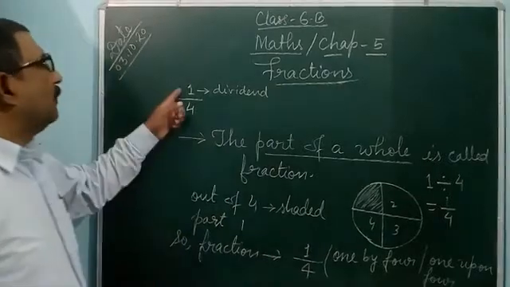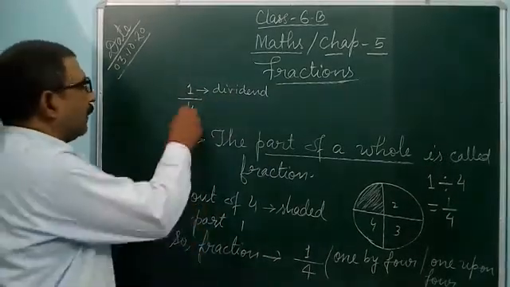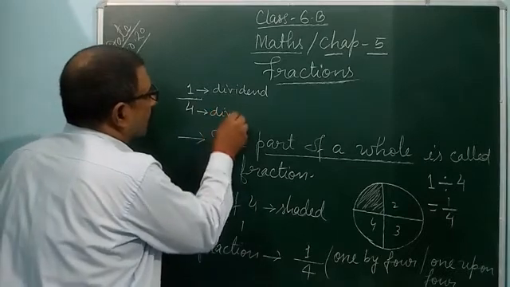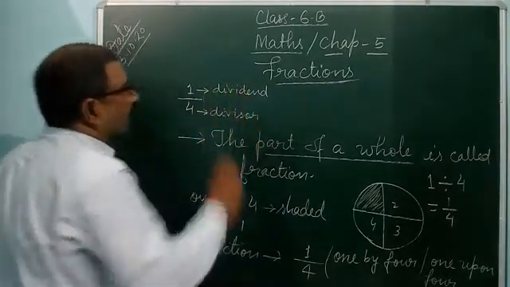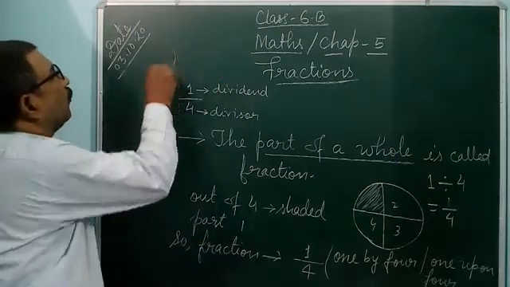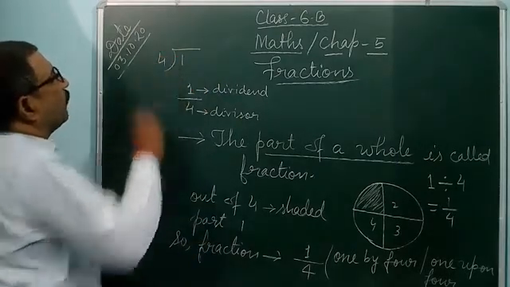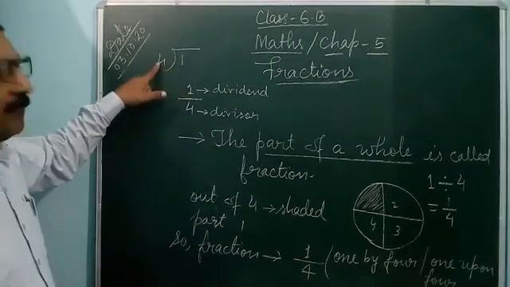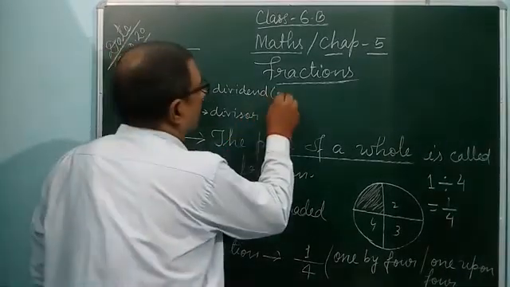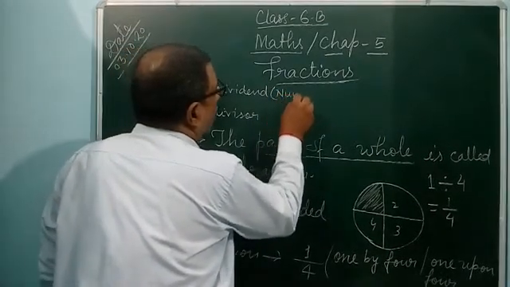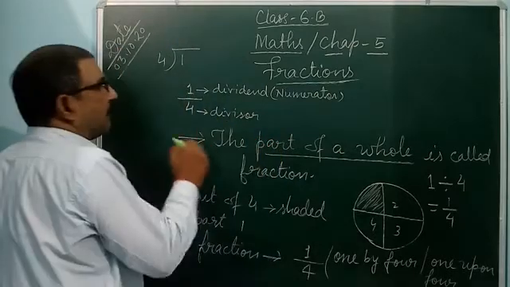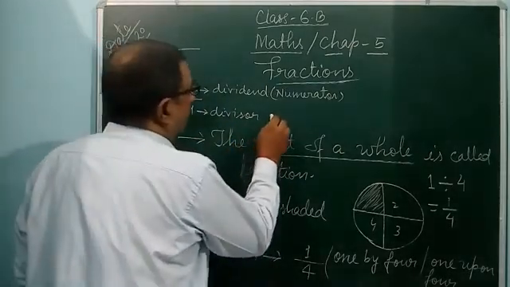The upper part 1 is really the dividend, and the lower part is really the divisor. It means 1 is divided by 4. So that dividend part is known as the numerator, and the divisor part is known as the denominator.